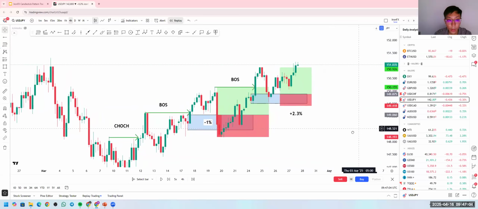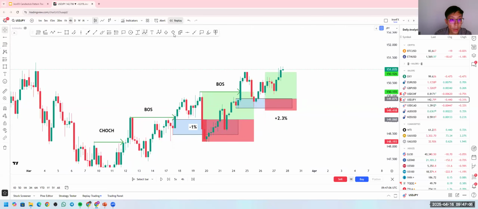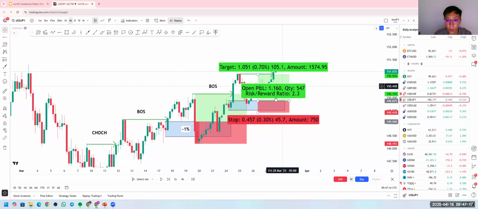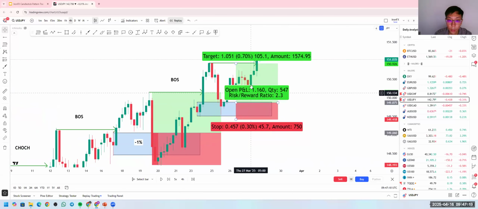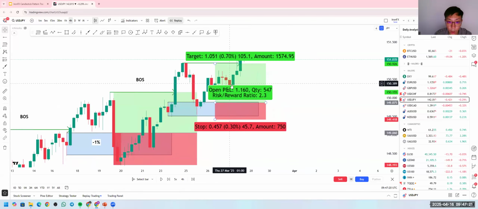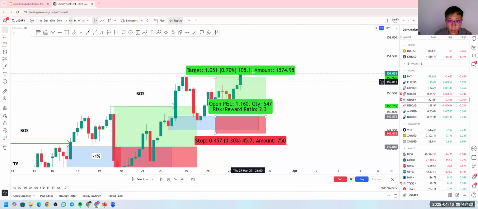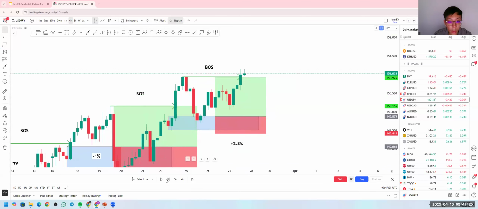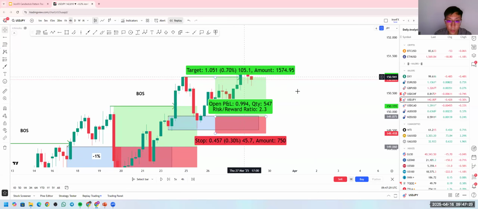Overall, let me just go through it and then show you guys. Bullish, then BOS. Then we have a bullish engulfing, followed by, we need this candle to close. Let's see if it closes. Followed by three consecutive green candles.